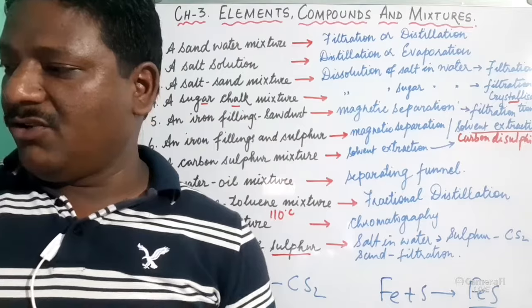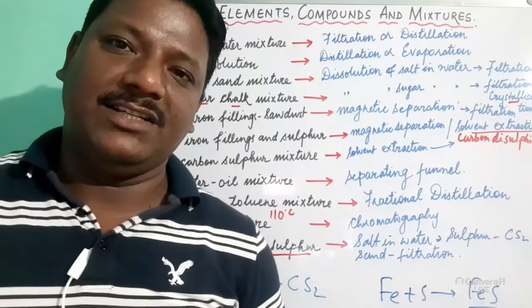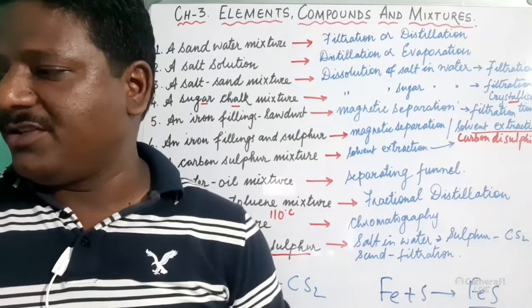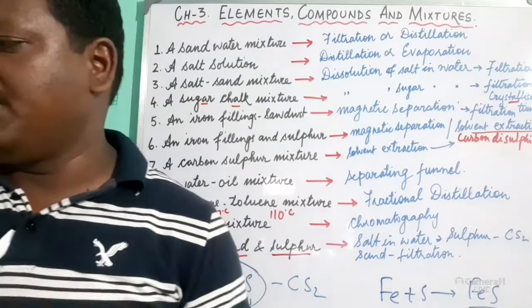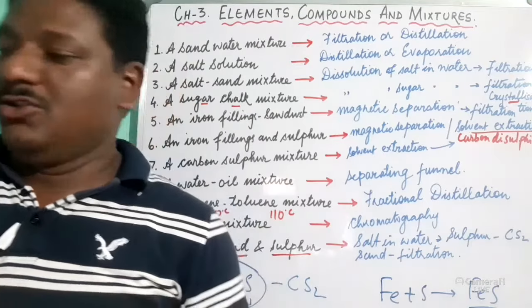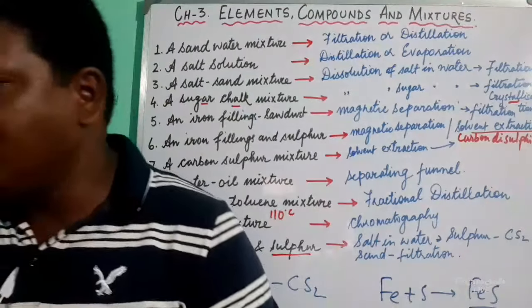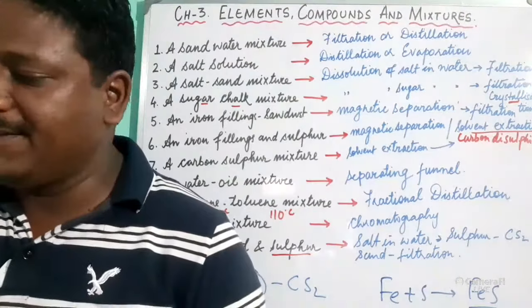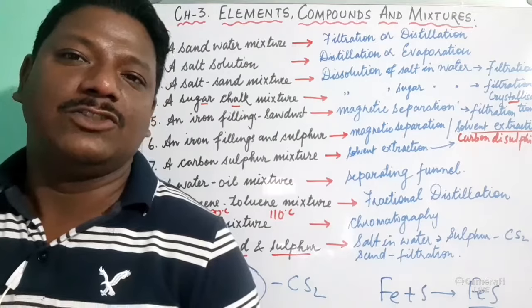An alloy is a homogeneous mixture. Yes, it is true. And number 5, common salt is manufactured by the evaporation of seawater. This is also true. So the first one is false, second is false, third, fourth and fifth are true.